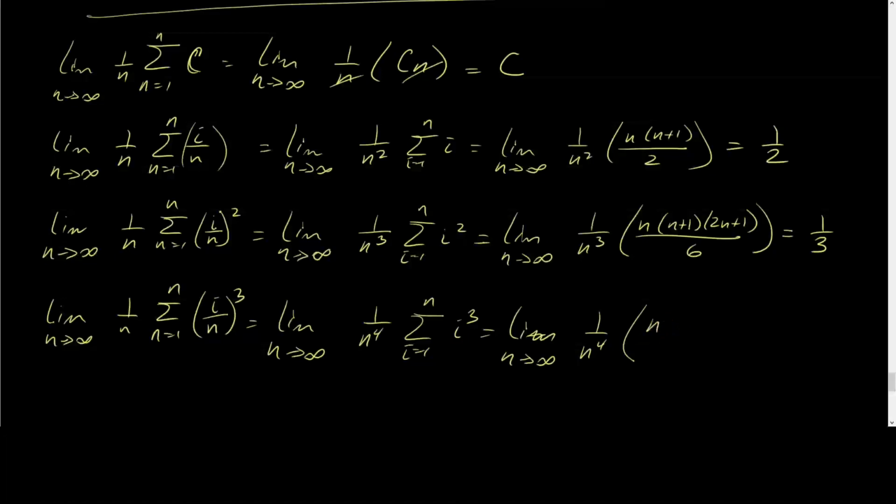Remember, that was n squared times n plus 1 squared over 4. This would always go to 1/4. So being able to recall these will save you some time in doing these long summation problems. I'll end this.